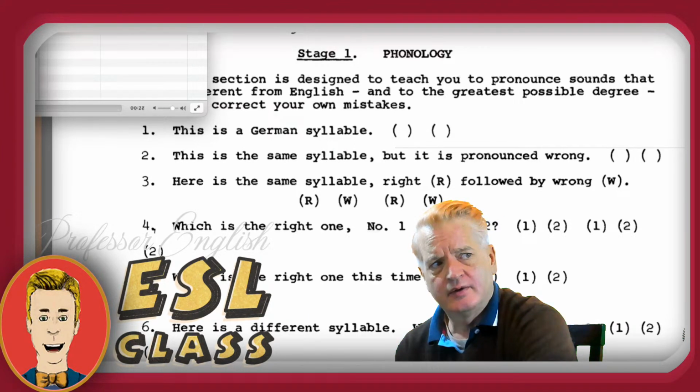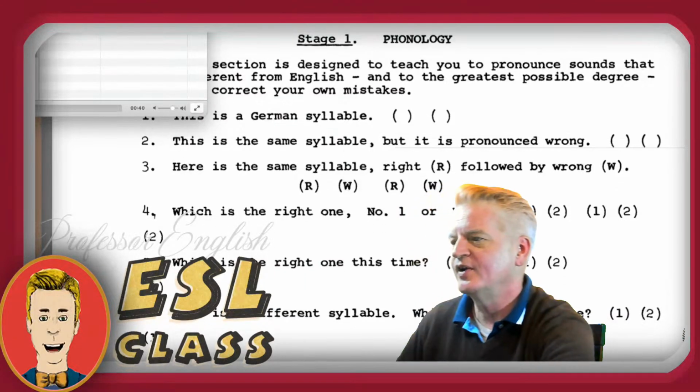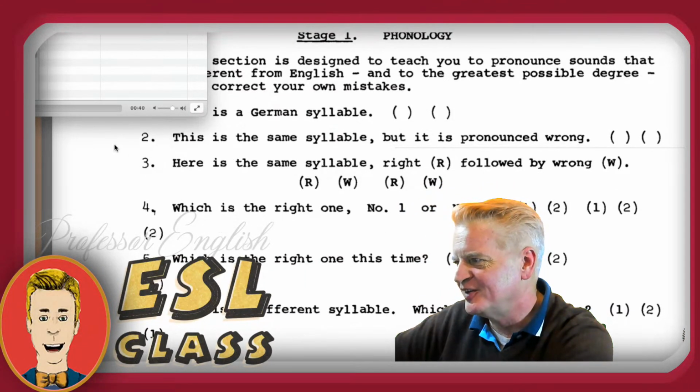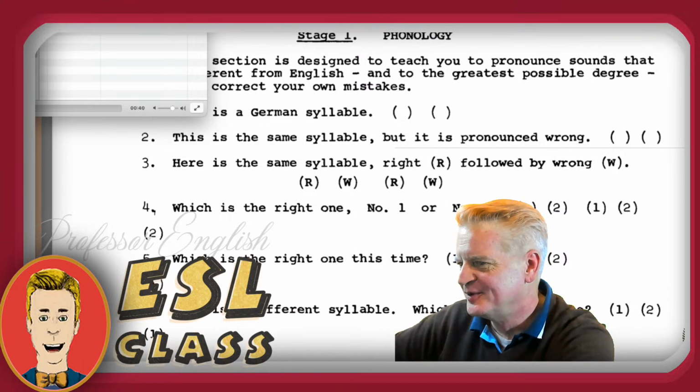Number 1. V. Number 2. V. Okay, well, it's obviously number 2 because the woman is doing the correct pronunciation and the man is always doing the wrong one. 5.